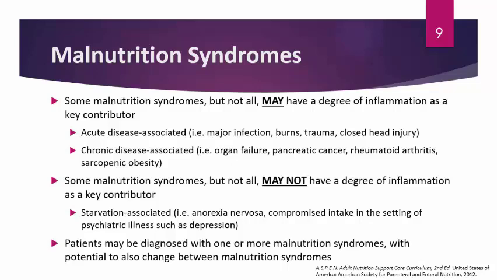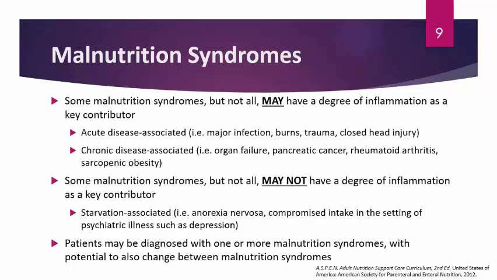Now, yes, depression may have an influence over anorexia, and in that case, you could potentially argue it to be a chronic disease-associated malnutrition syndrome. But in this case, I would associate it more with starvation-associated, as the patient would most likely not be eating.